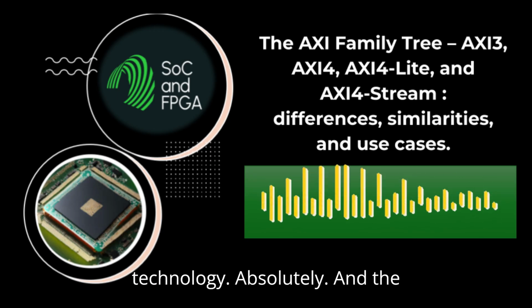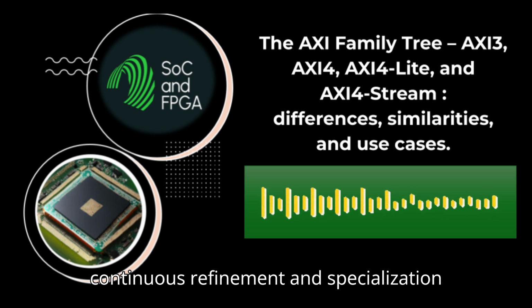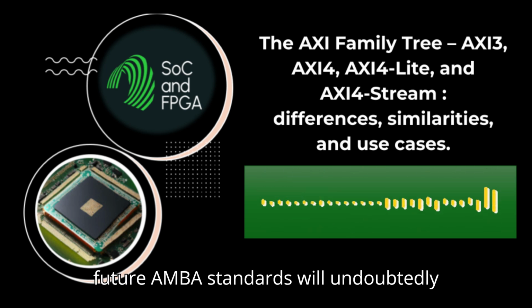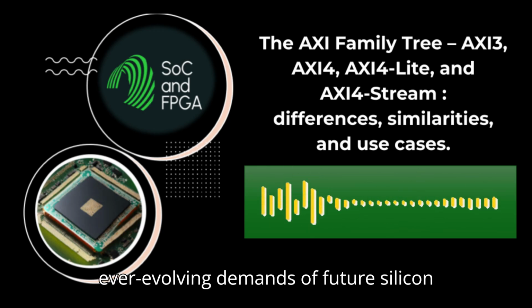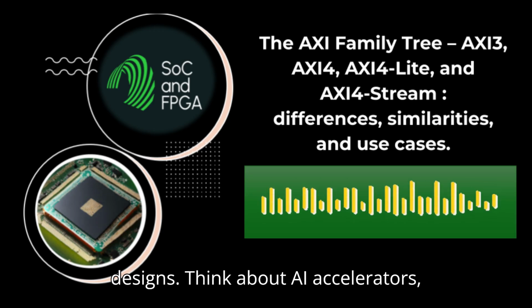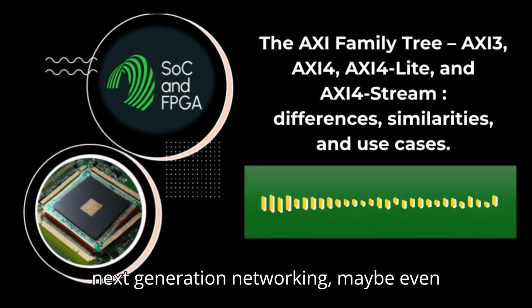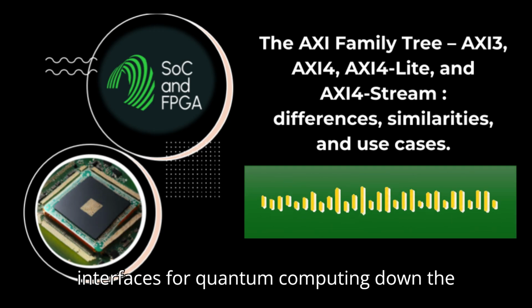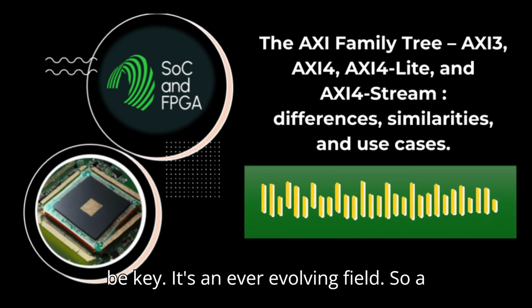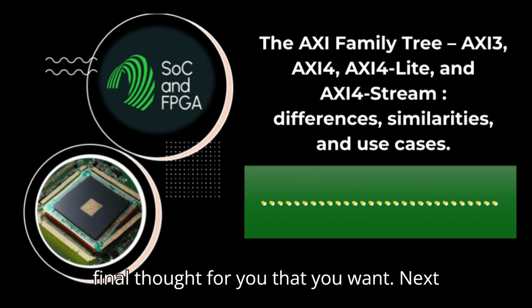Absolutely. And the continuous refinement and specialization within the AXI family and potentially future AMBA standards will undoubtedly remain critical for addressing the ever-evolving demands of future silicon designs. Think about AI accelerators, next-generation networking, maybe even interfaces for quantum computing down the line. Efficient communication will always be key. It's an ever-evolving field. So a final thought for you to chew on.